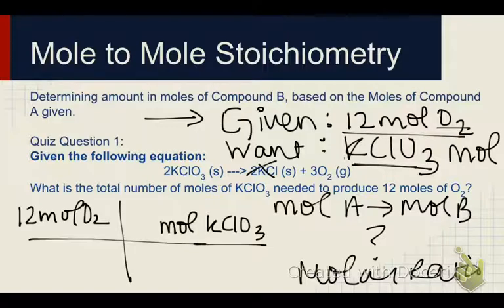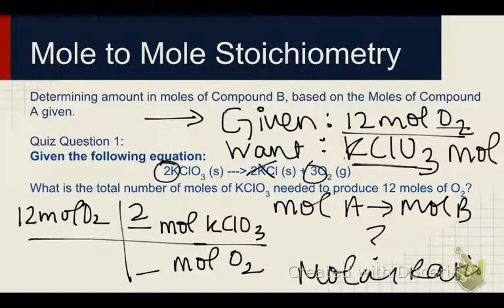And because what I'm trying to get rid of is O2, that's what's going to go on bottom. Now, what matters is what numbers go with it. Remember, those belong to the coefficients. This is saying that for every 2 moles of KClO3 that I decompose, I would produce 3 moles of oxygen.